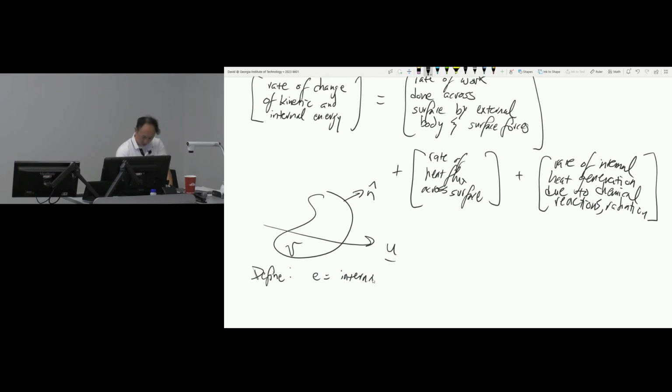So energy is a scalar. Internal energy per unit mass, you can consider it to be like the proportion of the temperature of the object or your gas.